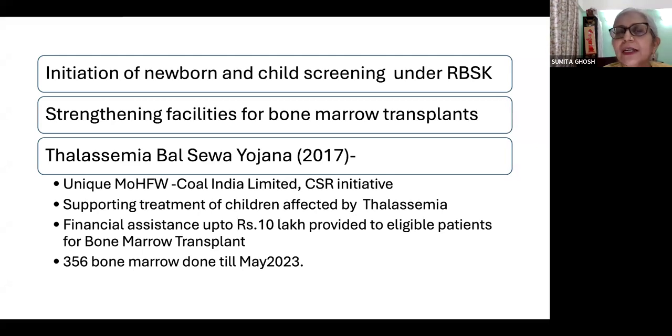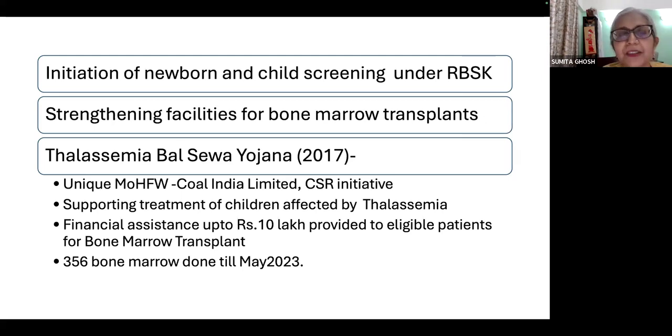New RBSK again is a very important program because if newborn screening is missed and they are at school, they are detected, referred and taken up for treatment, and the reporting is also done. That reporting has been made mandatory: if new thalassemia cases are detected, they have to be reported at the district hospital.